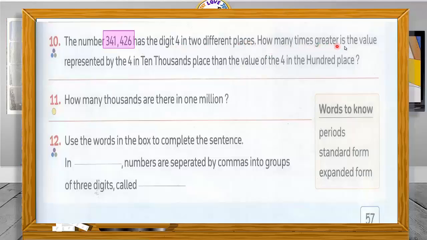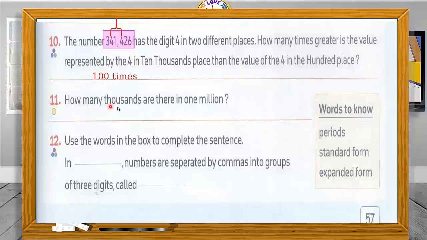We have 4 in the hundreds place and 4 in the 10,000th place. How many times greater is the value represented by the 4 in the 10,000th place than the value of the 4 in the hundreds place? If you move from the hundreds place to the 10,000th place, you should move 2 places. 2 places means 2 zeros. 2 zeros means 100 times.